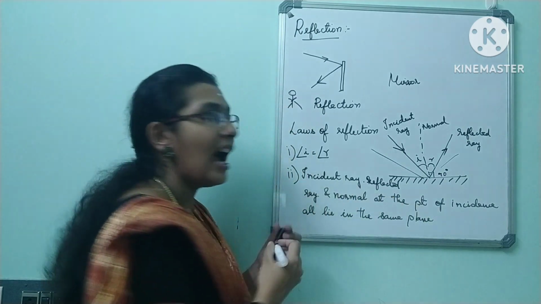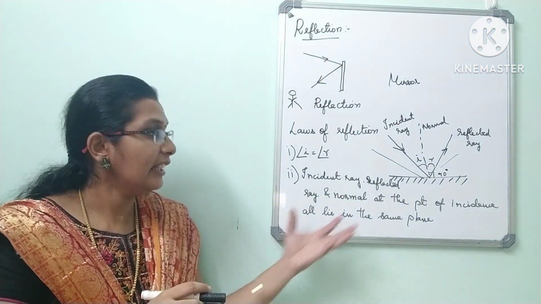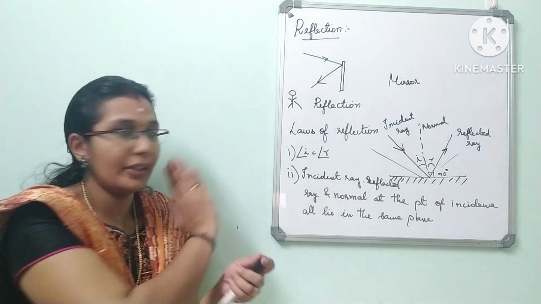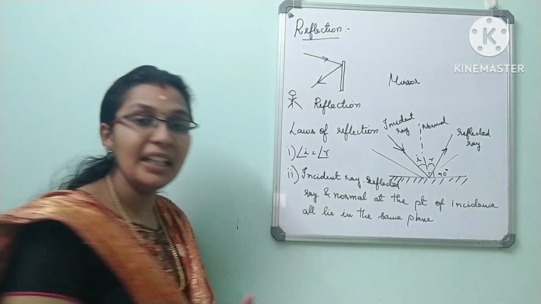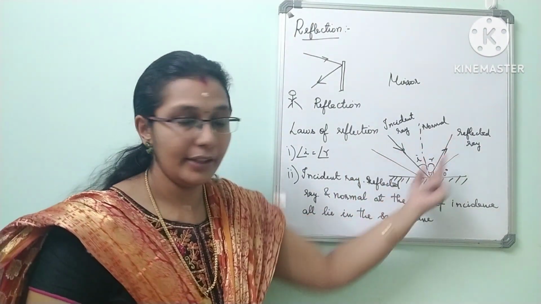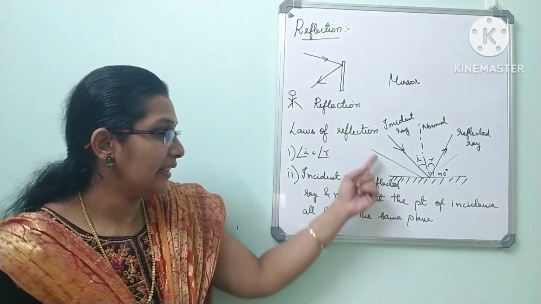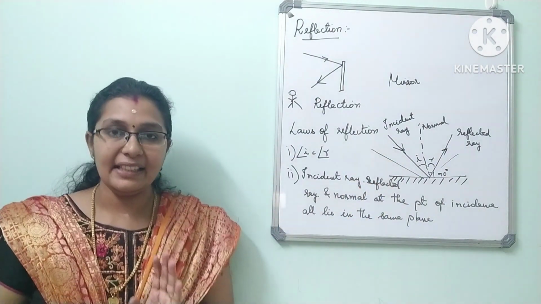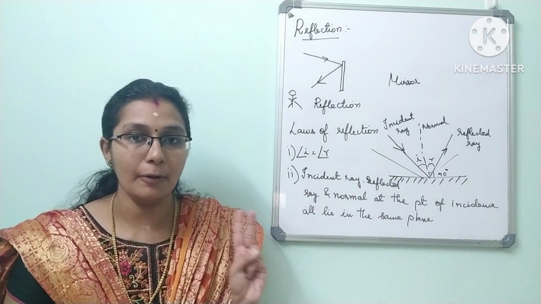It means I can draw it on a paper, right? In the XY axis, some plane, okay? On this board I can draw it, right? That is nothing but the same plane. Incident ray, normal and reflected ray at the point of incidence all lie in the same plane. So this is the second law of reflection.